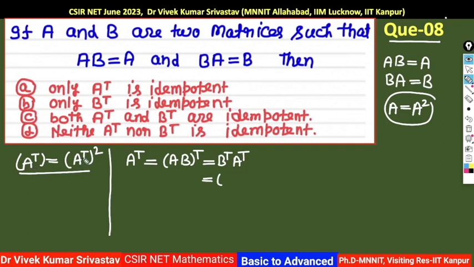So always try to convert in A transpose. So B value is already given, B is equal to BA. So here I write BA whole transpose and into A transpose, right. That is clear. Now see, if we open this, what you will get, the rule says A transpose and then B transpose and A transpose.